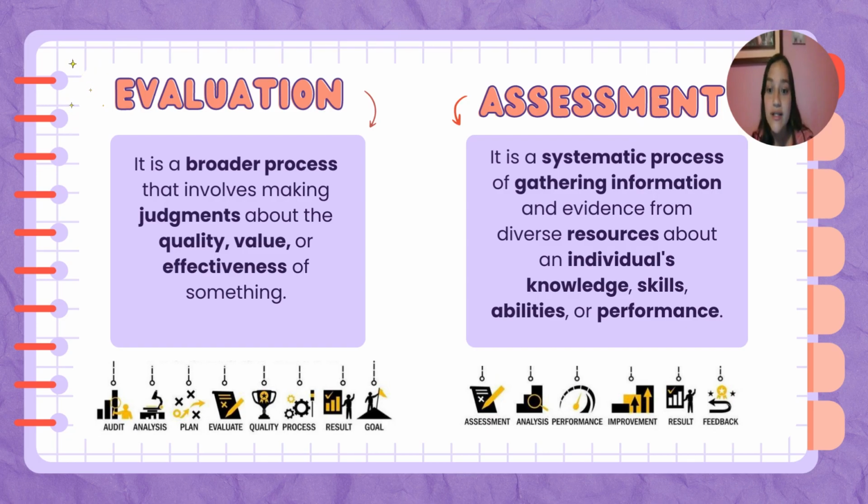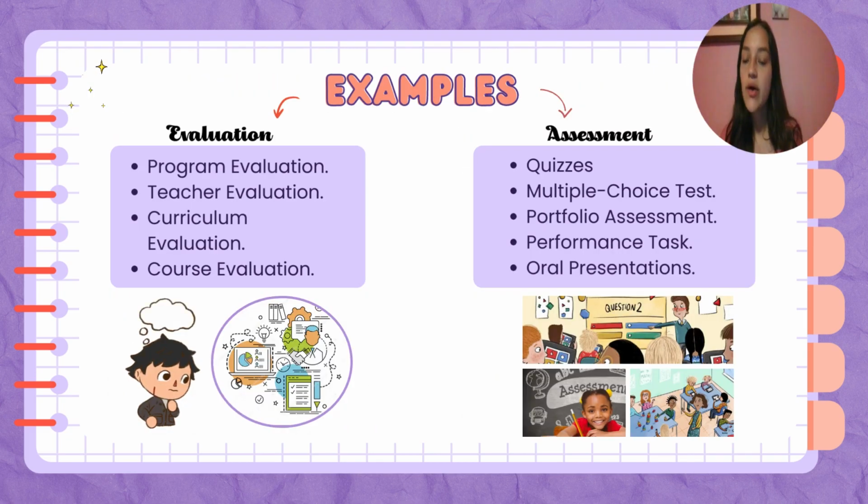So now let's see some examples of evaluation and assessment for better understanding. As I said before, we can evaluate a program and also a teacher, a curriculum, a course, and even a unit. These evaluations are going to be made by external agents.